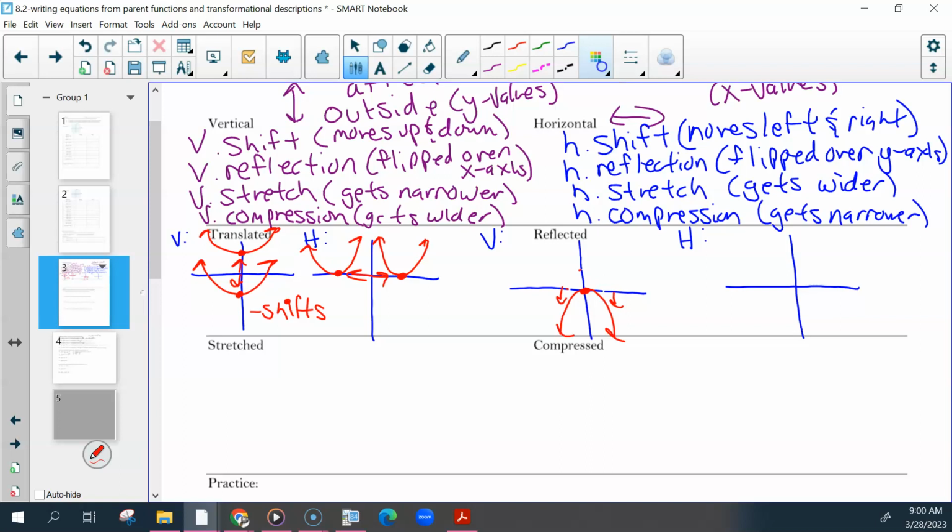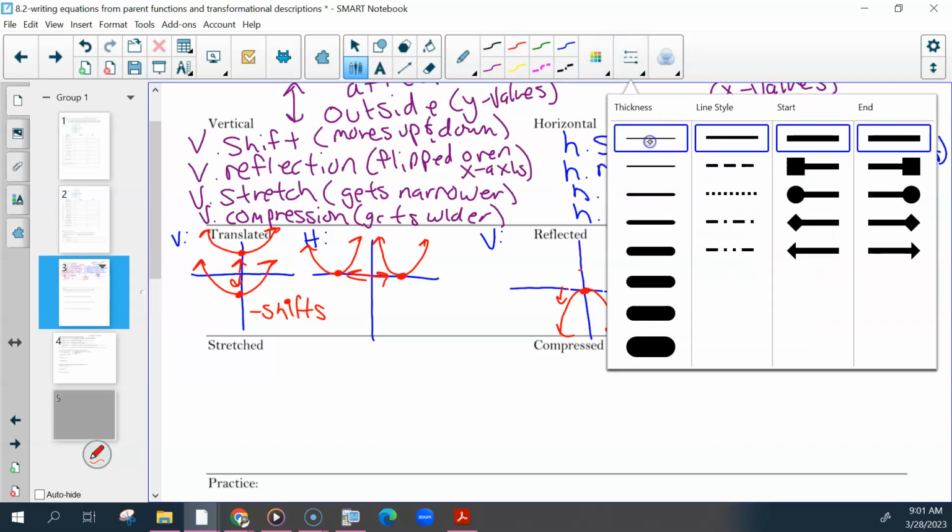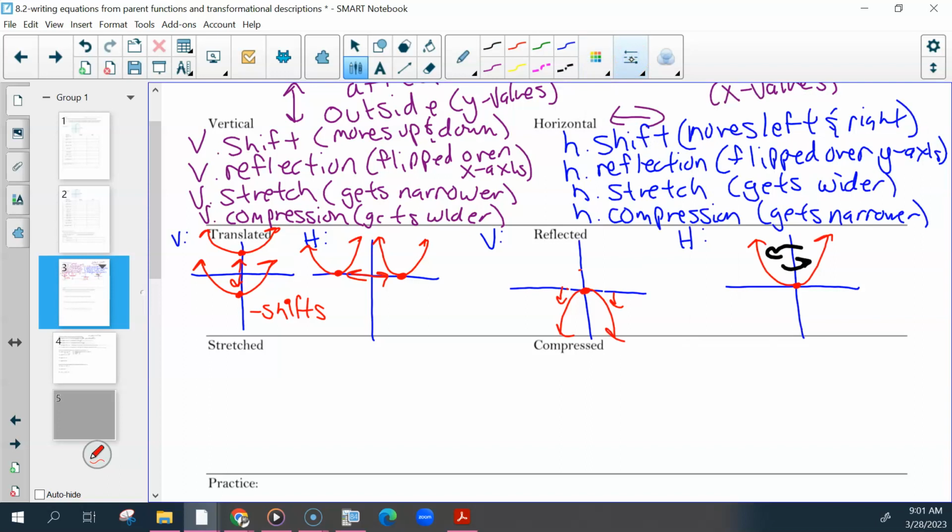That looks a little bit better. Horizontally, it flips across the y-axis, but if it doesn't shift, it looks the exact same. How did I draw this? Sorry. Was really doing this, switching spots. But I'm going to put a side note that it has to be translated in order to be seen.